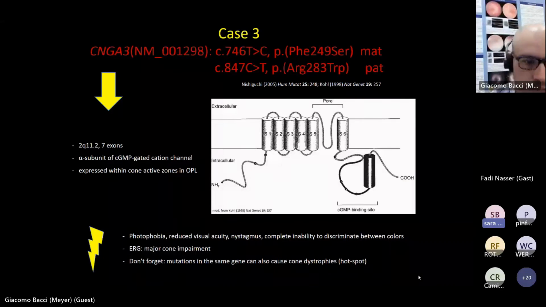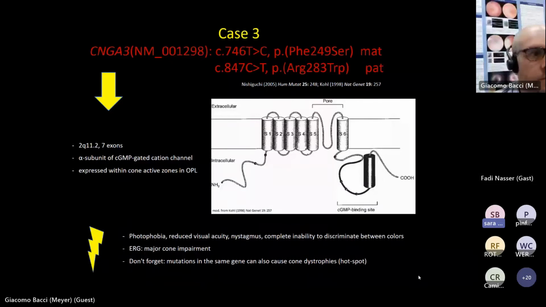At the ERG, we can find a major cone impairment, and what we need to remember is that mutations in this same gene can also cause different phenotypes, like cone dystrophies, in particular for some hotspot mutations. So clinical genotype-phenotype correlation is always important.